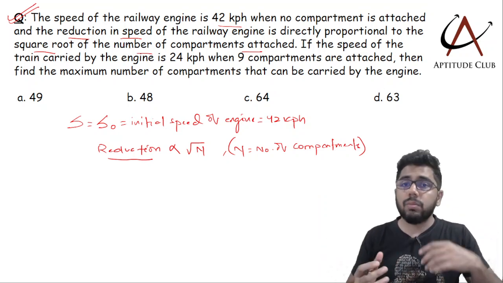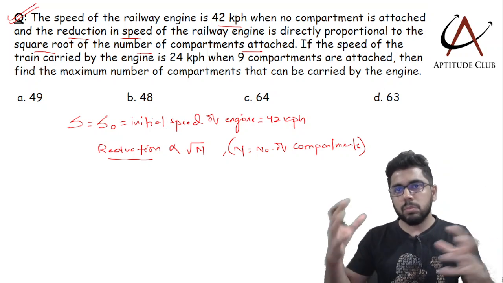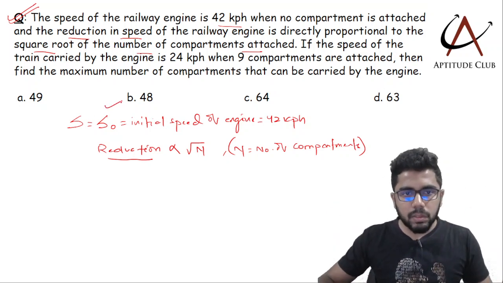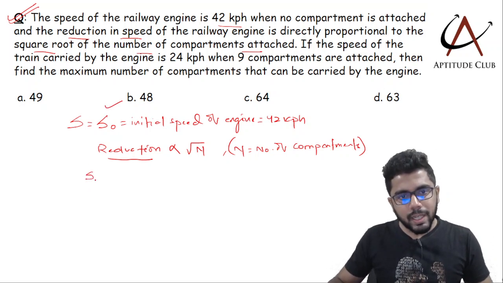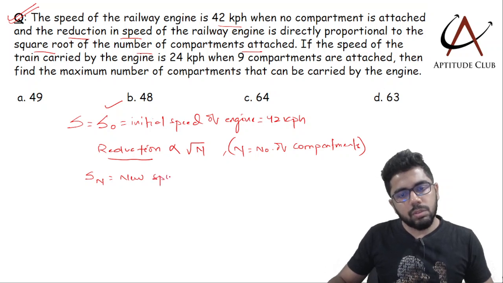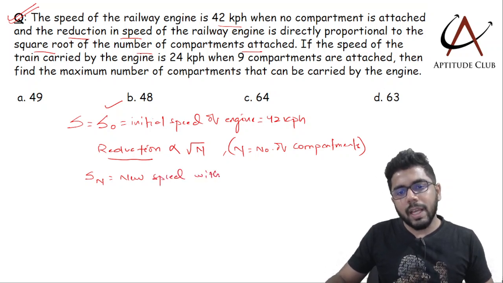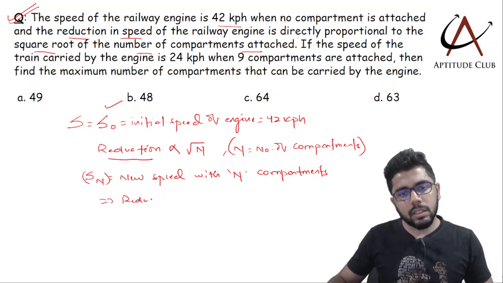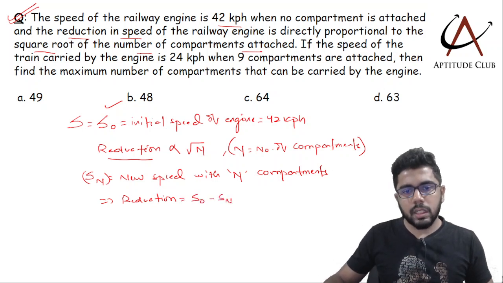Let us say the speed was 40 earlier, now the speed has become 30, so the reduction is 40 minus 30. So initial speed was S0, let us say Sn is the new speed with n compartments. So the reduction, I can write it as initial speed S0 minus Sn.